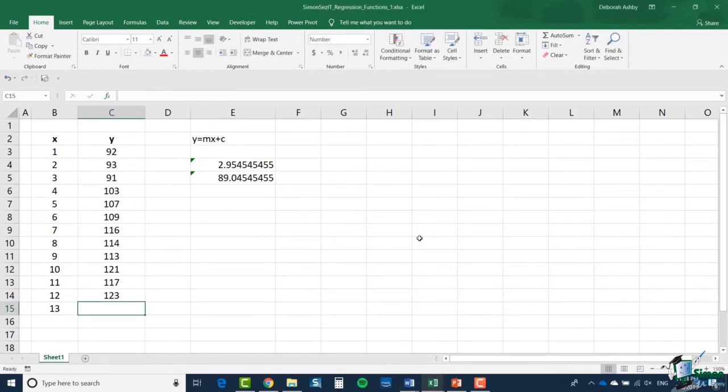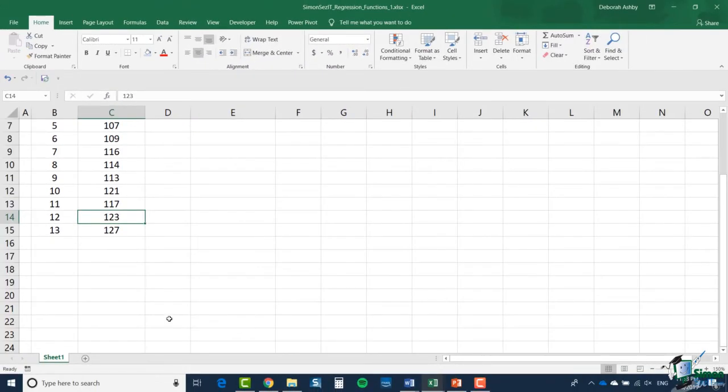So if I wanted now to work out the value of y when x is 13, all I would need to do is put in here equals M, which is essentially cell E4, and let's make that absolute, multiplied by x, which is B15, plus C, which is cell E5. So my predicted value is 127 using that method.